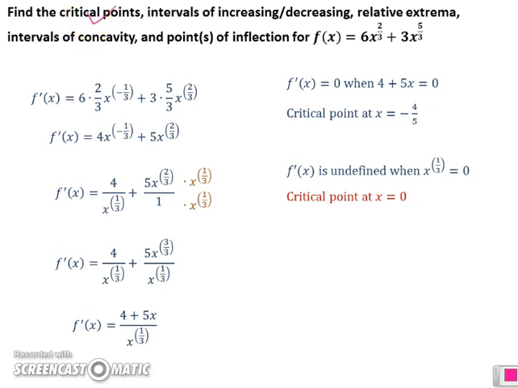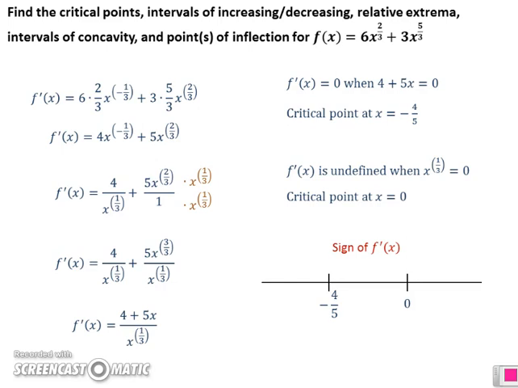Let's move on to the intervals of increasing and decreasing, because that happens when the first derivative is positive for increasing, when the first derivative is negative for decreasing. So it's helpful to set up a sign chart here. Put your critical points on the sign chart, it's just like a number line, and then you plug in numbers into the first derivative to figure out the sign of the first derivative.